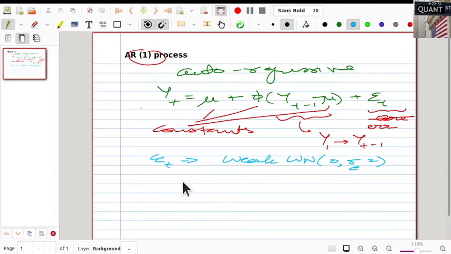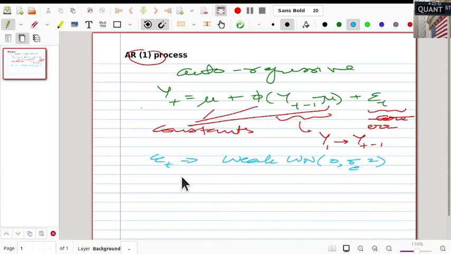So for example, if you're looking at a stock price, the random factor that makes the stock price go up and down on a daily basis is all the news at the macro and micro economic level around that stock, and that news may not be dependent on the previous day's news.